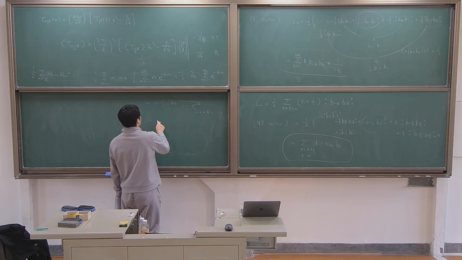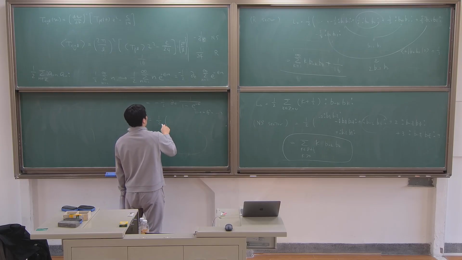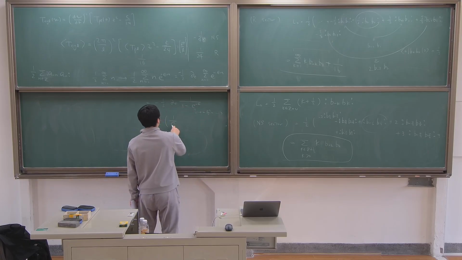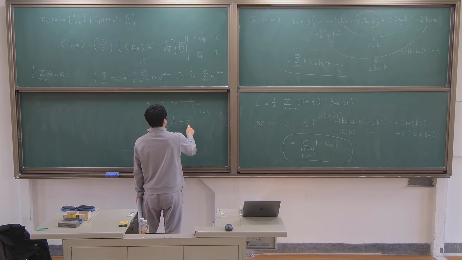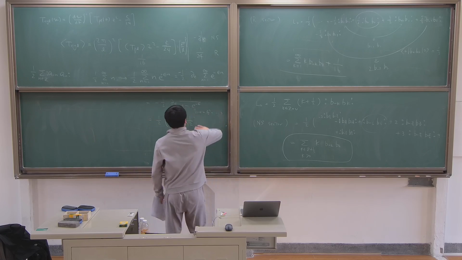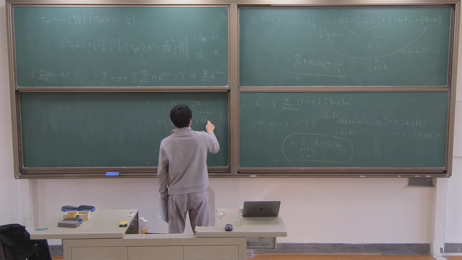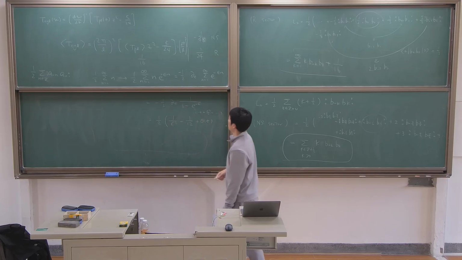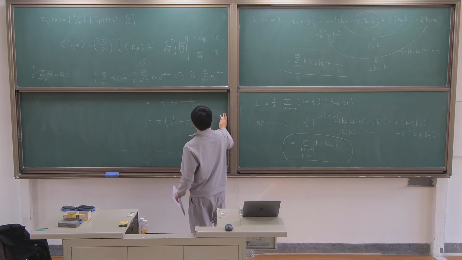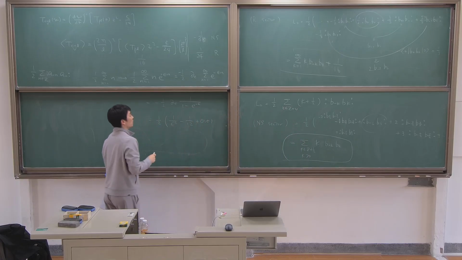And this will give you something like 1/2 times 1 over epsilon squared minus 1/12, plus order of epsilon. That's how we get it.